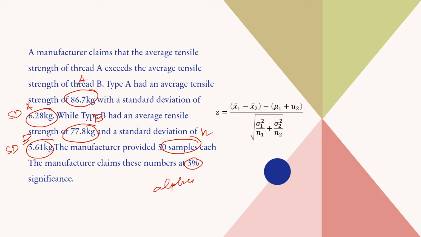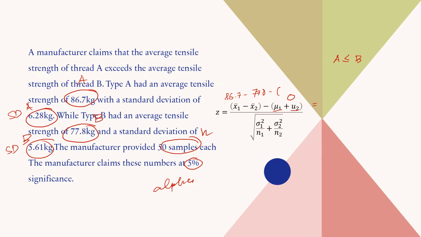So we have to substitute 86.7 minus 77.8 minus our hypothesized mean difference. Since our null hypothesis is A is less than or equal to B, then mean A and mean B would be the same or equal. So therefore, this is 0.